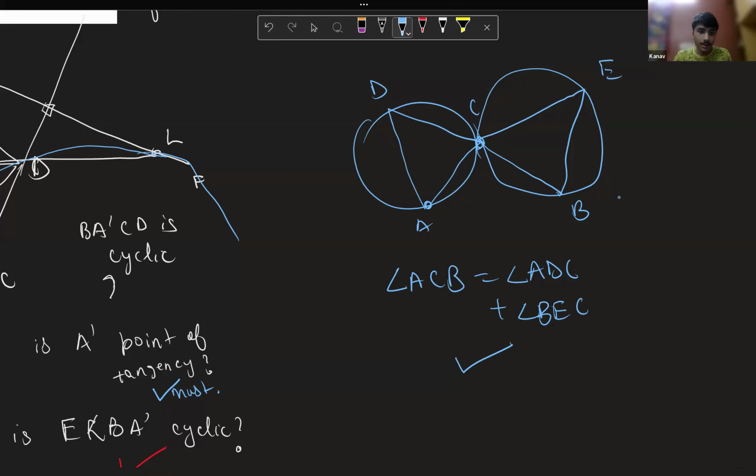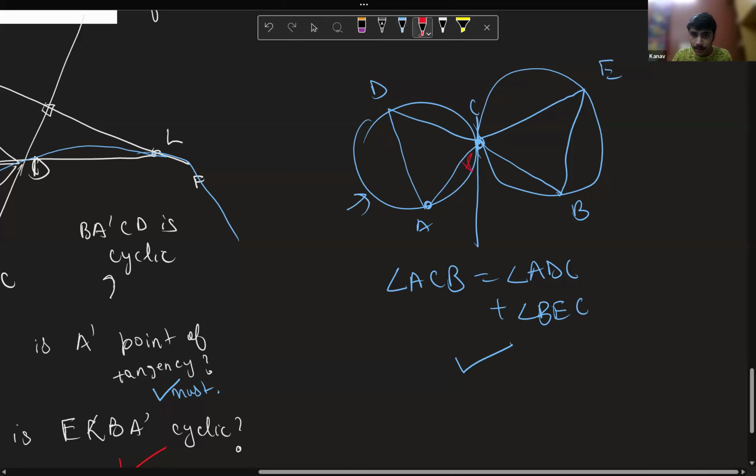Why is this true? As someone said in chat, if we draw the tangent through C to, say, this circle, then we get this angle equal to this angle. Now, if we prove this, that would imply this other angle is also equal to the other one, similar to what we did in the first problem.